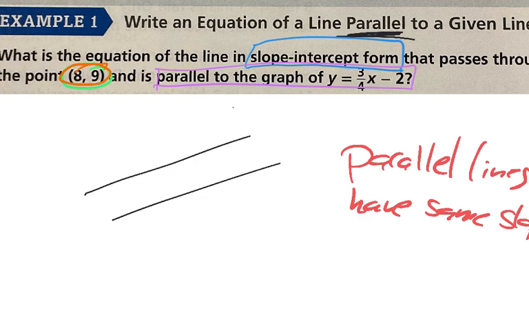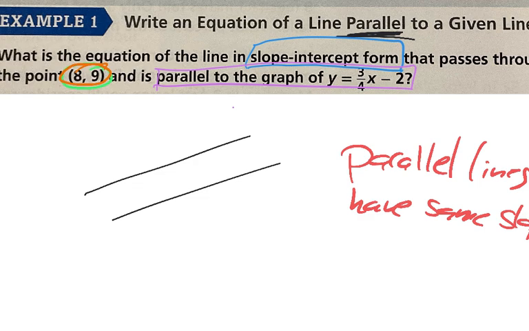If it is parallel to this line, what do I know about parallel lines? Same slope. Can you identify the slope of this line? Yes, because it is in slope-intercept form. So because it is in slope-intercept form, what is the slope of that line? So what's the slope of my line? That's it.